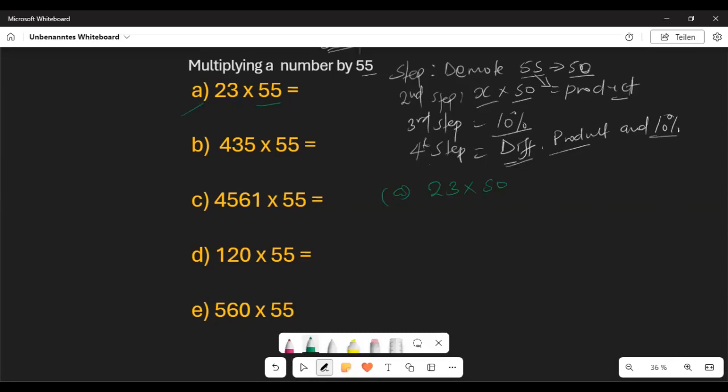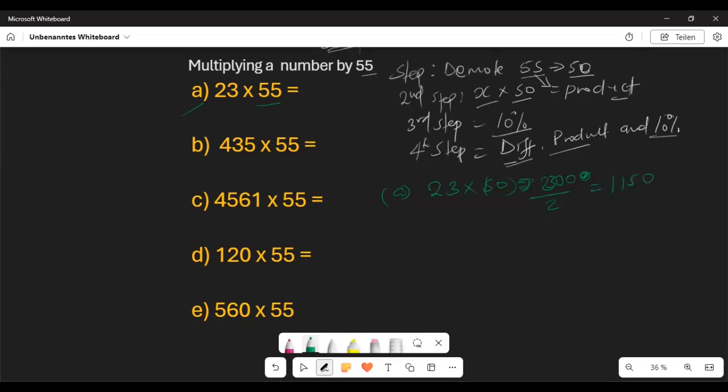So 23 multiplied by 100 gives us 2300, and dividing by 2, we get 1150.